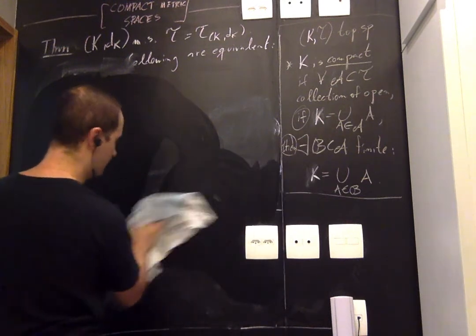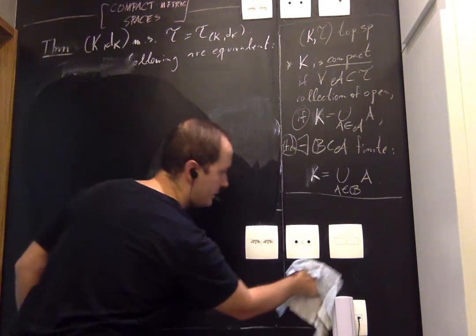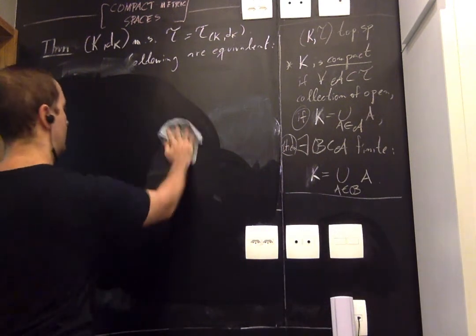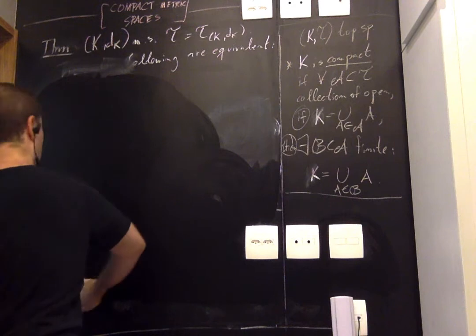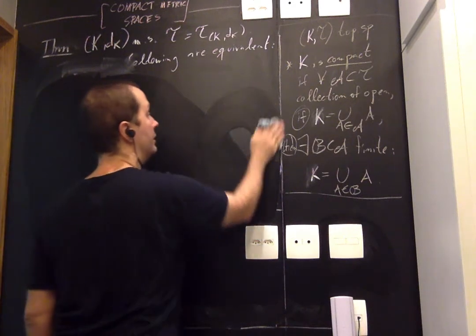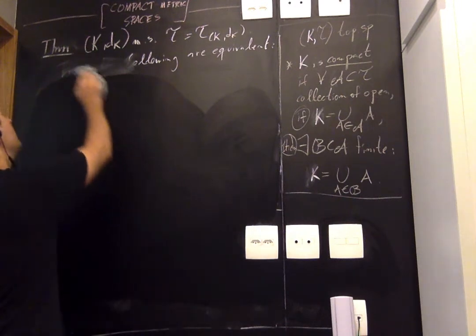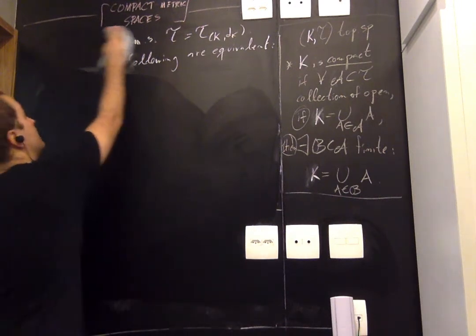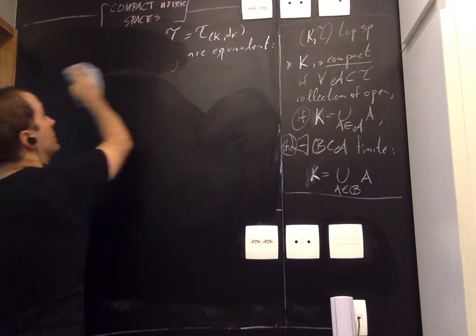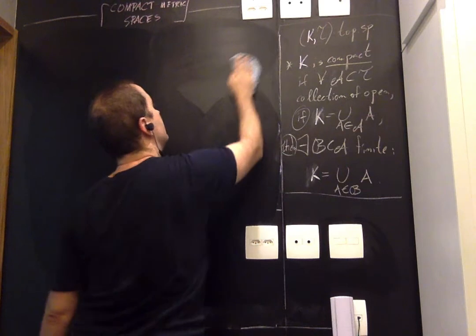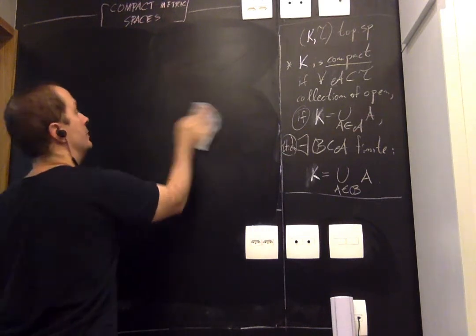Right, so as I erase the blackboard, I'm going to try to remind you of what we do with the real line. Suppose that every sequence has a convergent subsequence. Now take a continuous function and take a sequence of points in the space K whose values of f approach the infimum.